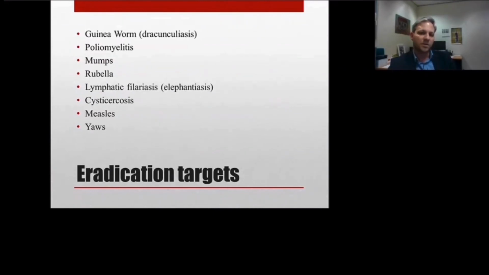It's been targeted for eradication by 2020, and there are a number of countries that have already stopped treatments for it, because the eradication program involves annual mass drug administration, and there are a number of countries that have now stopped that and are just surveilling for new cases and not seeing them.